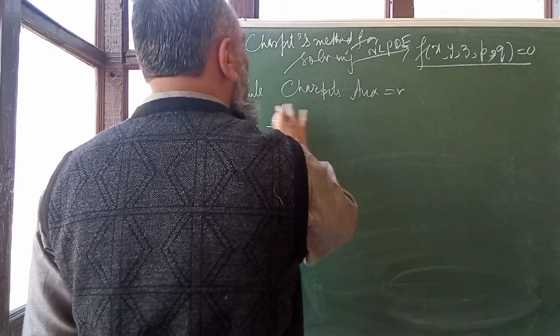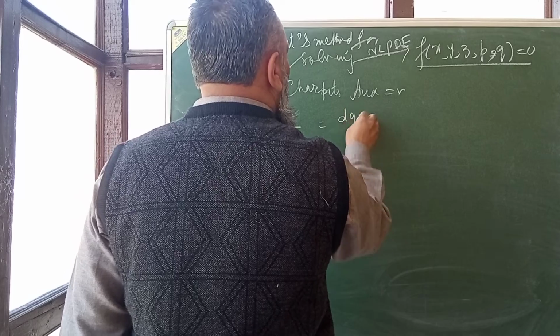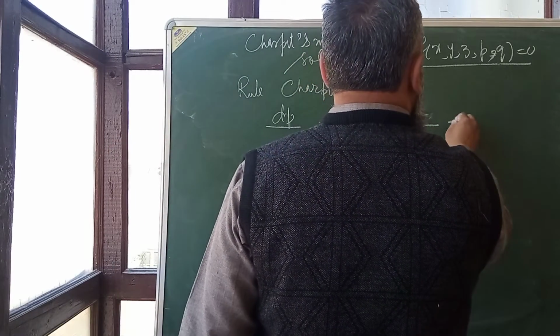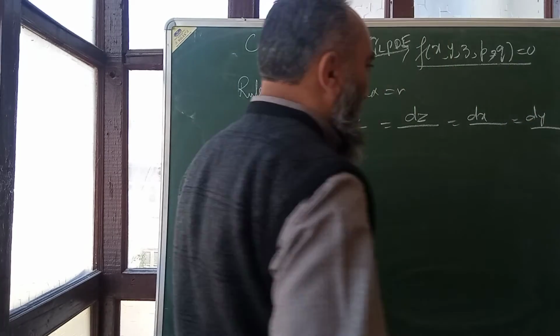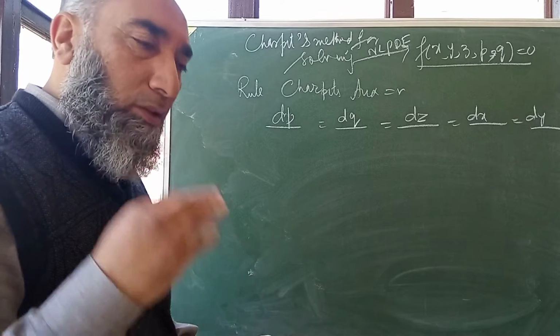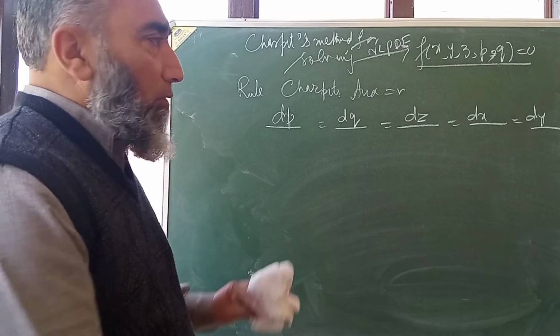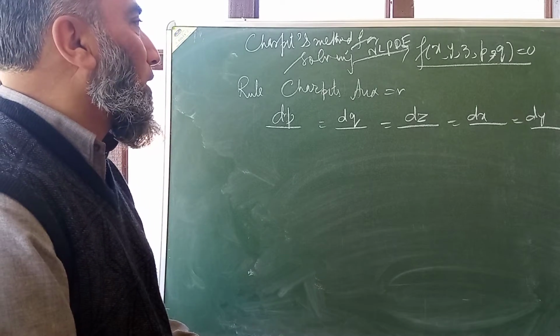So I will write dp by, dq by, dz by, dx by and dy by. You can see the article, I will be sending it to you, but I will not be using it. I will be using only this auxiliary equation, which I will write over here.